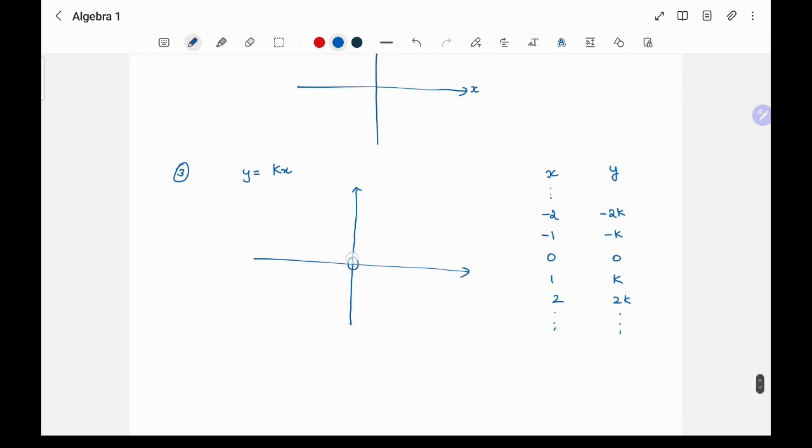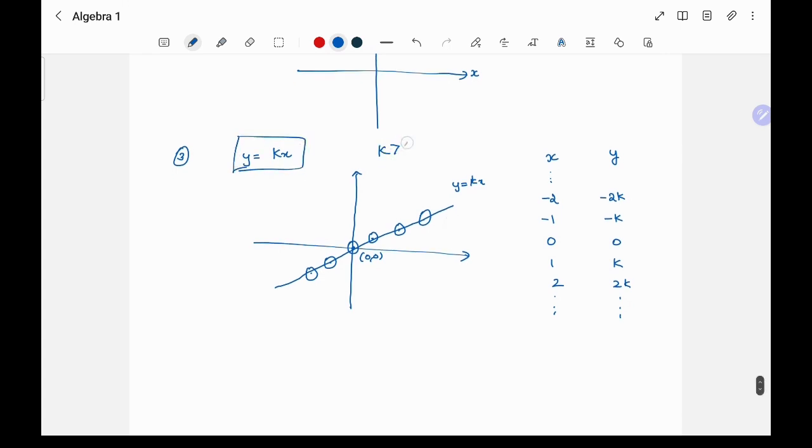So 0 comma 0 is a point, then 1 comma k is somewhere here, and so on. We'll get a straight line, and the straight line strictly passes through the origin 0 comma 0. So that is this equation.